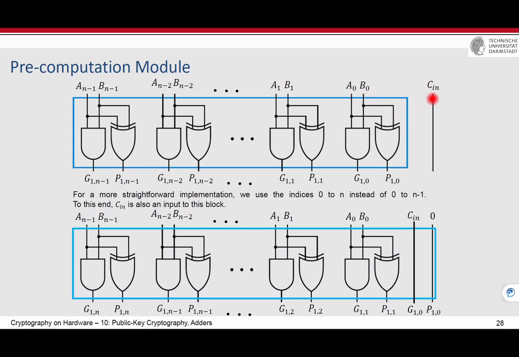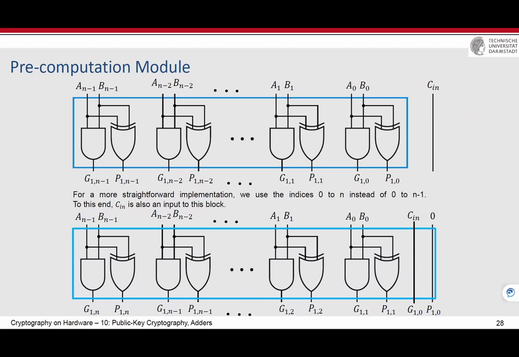It means that you can consider it as the LSB, and then instead of an n-bit input, you have in total n plus 1 inputs, because you can see that Cin and 0 are coming here to be added together as the first bit. Then it's easier to interpret: G is actually Cin and P is 0 directly. Then you need to interpret this part just differently, and it helps you to build the next layer easily.